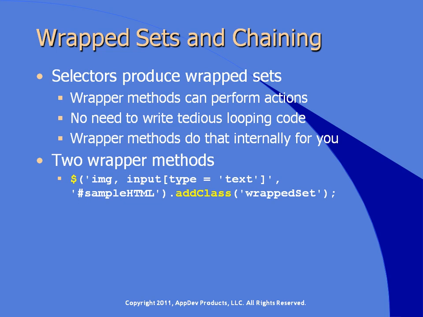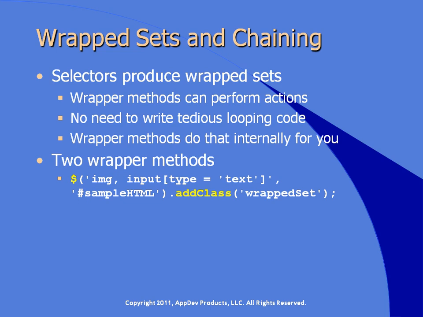That's how the elements on the right-hand side of the test page were highlighted in the red border and the yellow background. So this statement actually consists of two wrapper methods, the jQuery function itself and add class chained together.